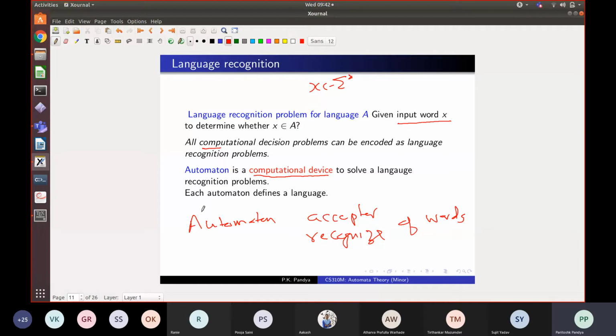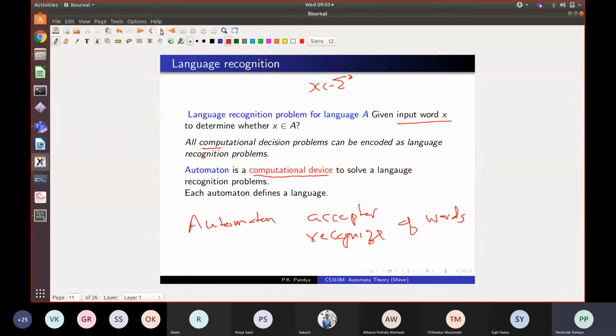So every automaton defines a language, the set of words that it accepts, right? Now, the point is, for every language, we want to build a corresponding automaton which will accept exactly the words in the language. So this is called the automaton for the language. And most computational decision problems can be encoded as language recognition problems, and language recognition problems can be solved by building an automaton for the same language.